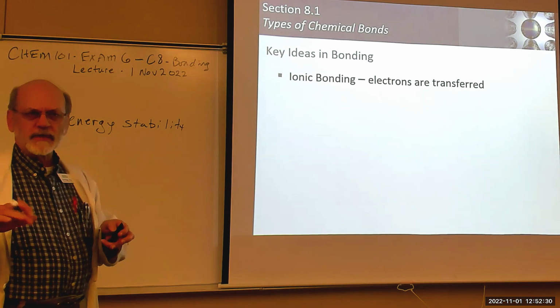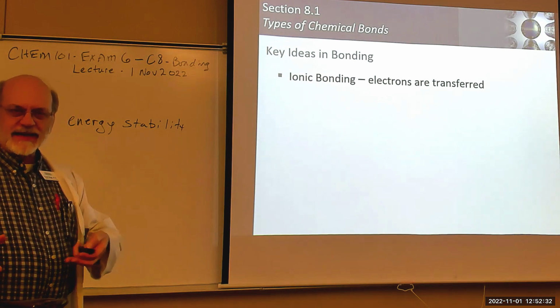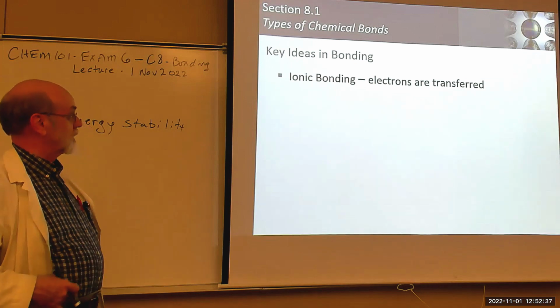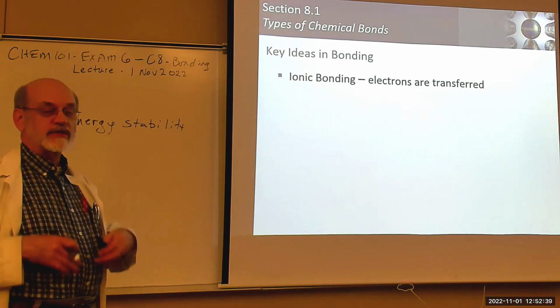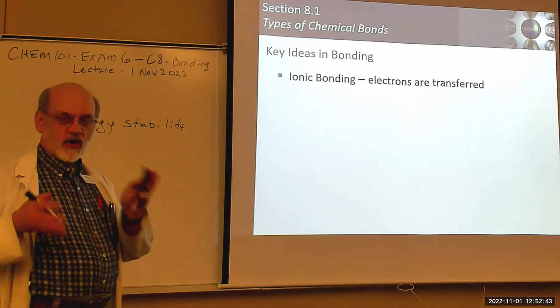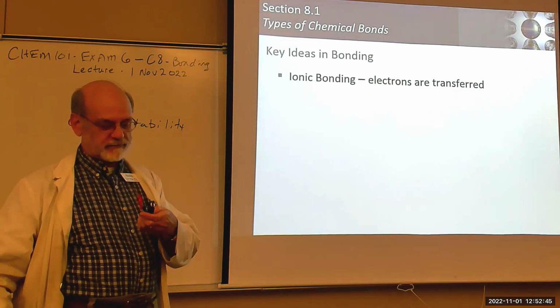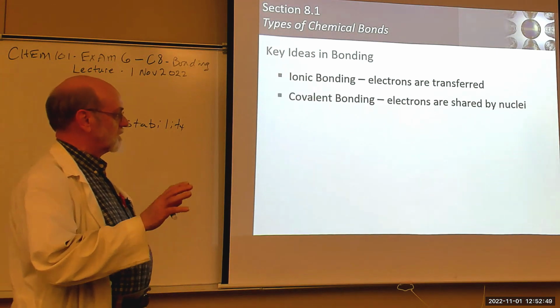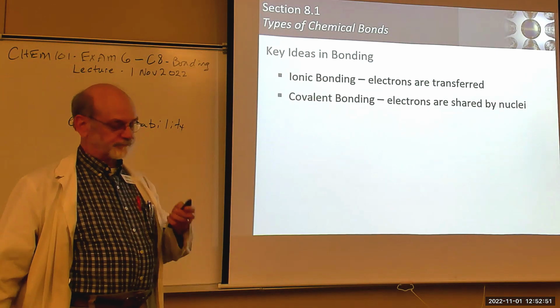Okay, just to review, the key idea for ionic bonding is that you have opposite charges attracting one another. Electrons have to be transferred in the process in order to make the oppositely charged ions that then attract. Covalent bonding is just electrons being shared.